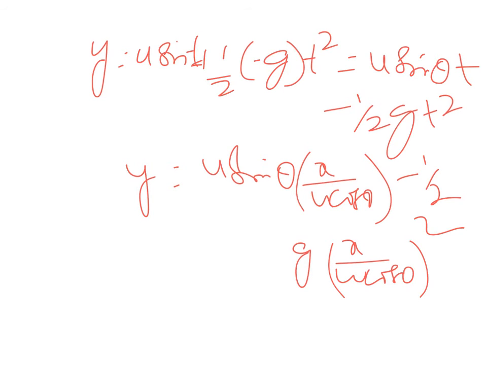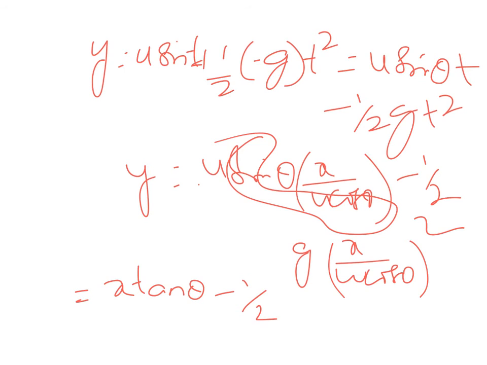So this is equal to x tan theta, because u sin theta by u cos theta is tan theta, minus half g into x by u cos theta, the whole square. So that is how we get motion along the vertical direction.